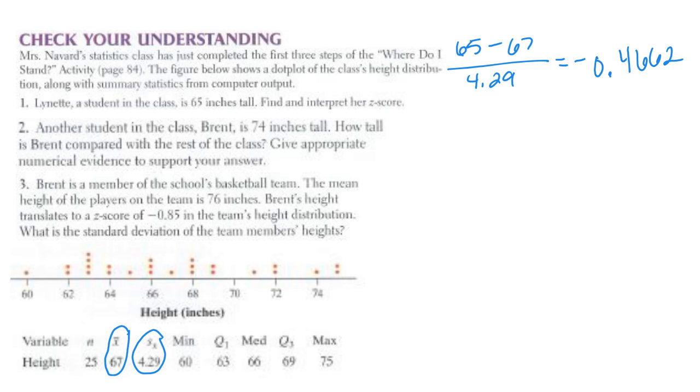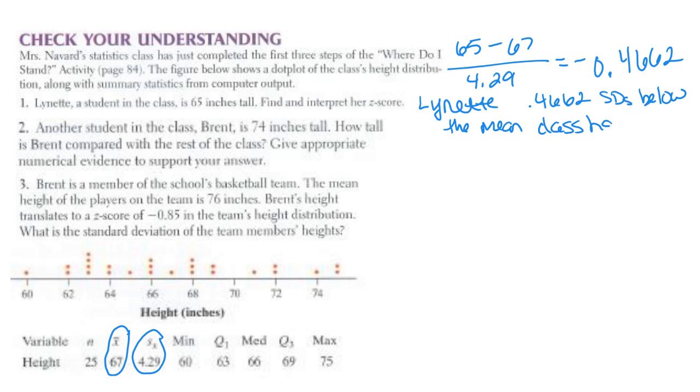So we found her Z-score. Interpreting her Z-score, Lynette would be approximately 0.4662, and I'm going to erase the negative because I'm going to do it in words, 0.4662 standard deviations below the mean class height.